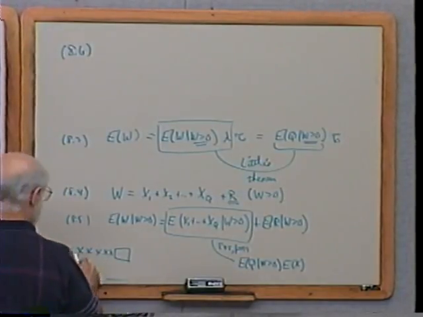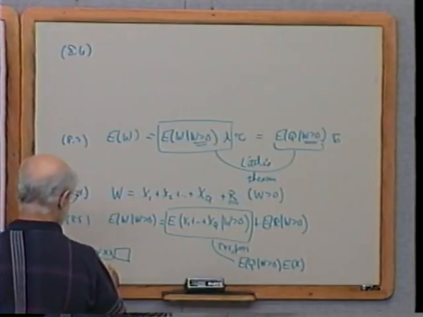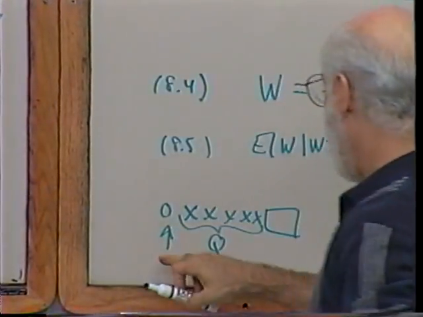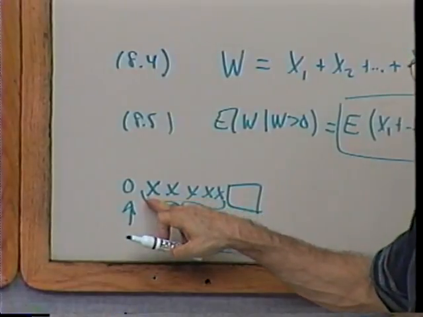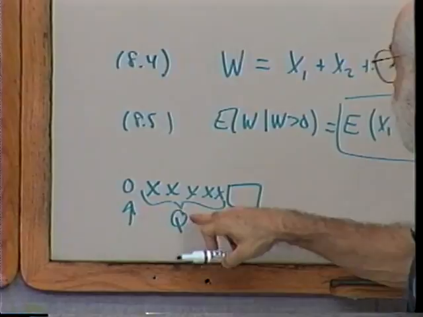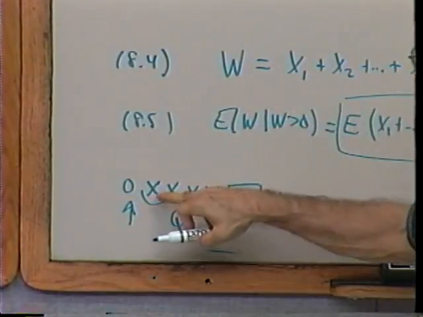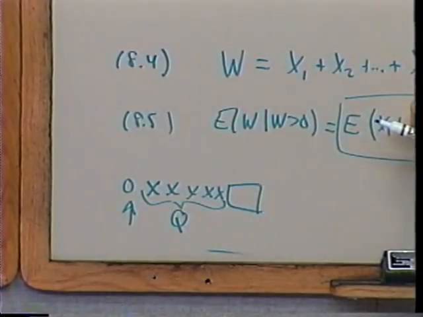Now, when he arrives, what he finds in front of him is some number q. That's the length of the queue. So his waiting time is the amount of service that this guy is going to require, plus this guy's service time, and so forth. The number of customers he finds in front of him is q. So this is the service time of this guy, plus the service time of this guy, and so forth, added up through all q of them.